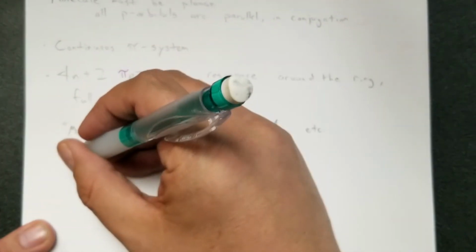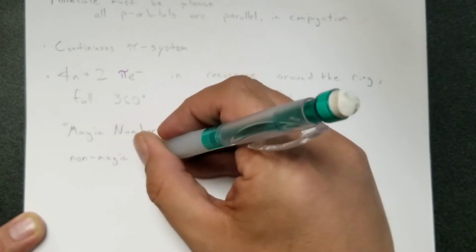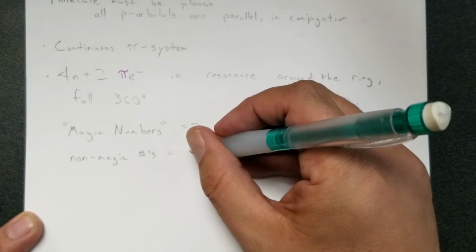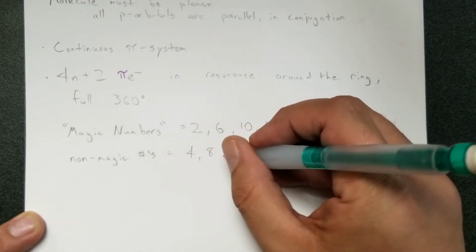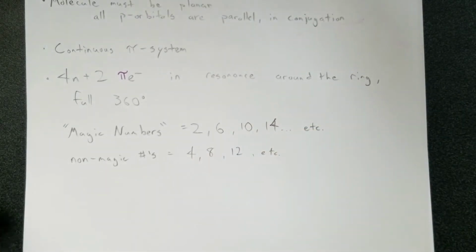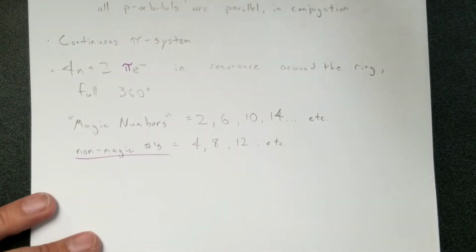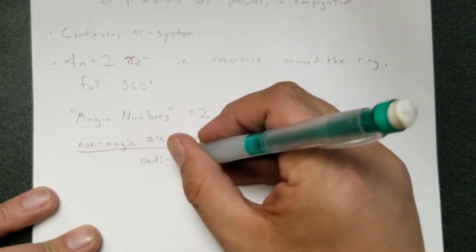So non-magic numbers are 4, 8, 12, etc. If it has a non-magic number, we usually refer to those as being anti-aromatic.